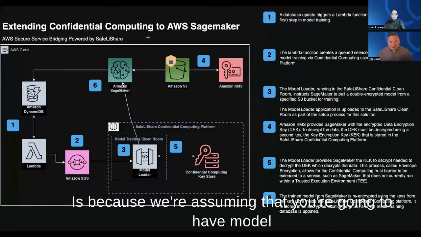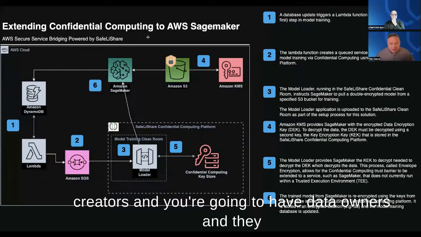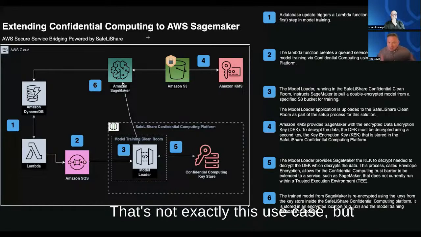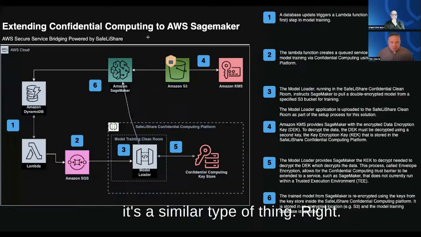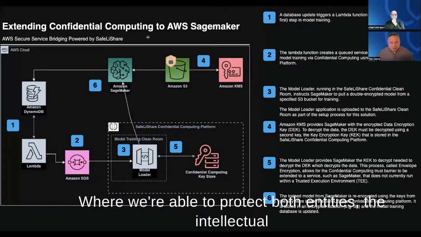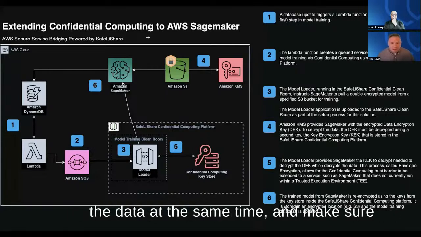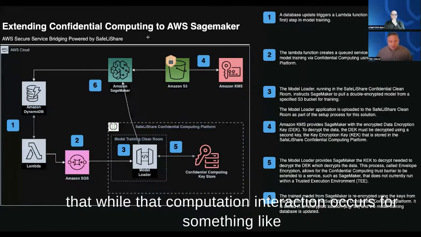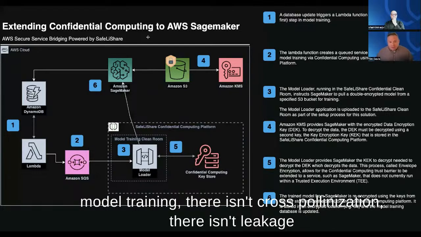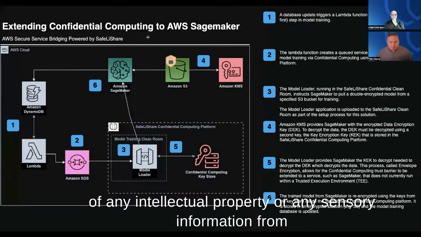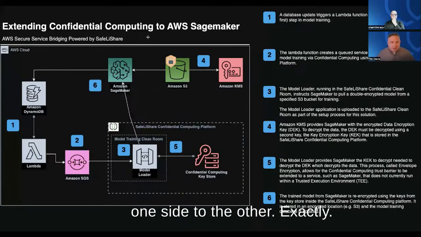It's because we're assuming that you're going to have model creators and data owners, and they want to be able to meet in the middle. That's not exactly this use case, but it's a similar type of thing, right? Where we're able to protect both entities, the intellectual property, the data property of both the model and the data at the same time, and make sure that while that computation interaction occurs for something like model training, there isn't cross-pollination, there isn't leakage of any intellectual property or any sensitive information from one side to the other.